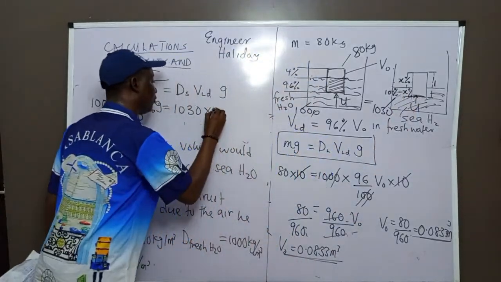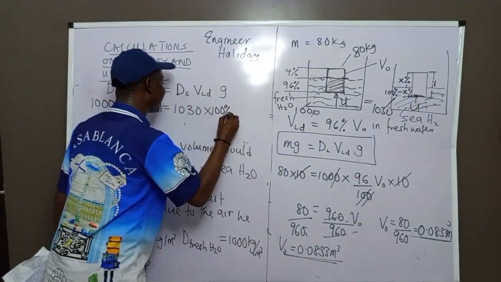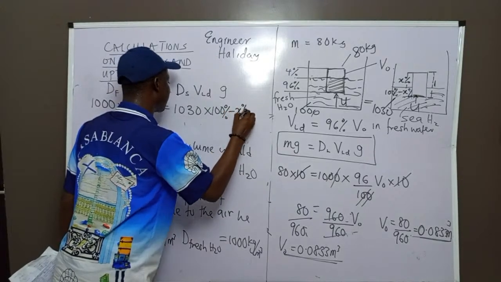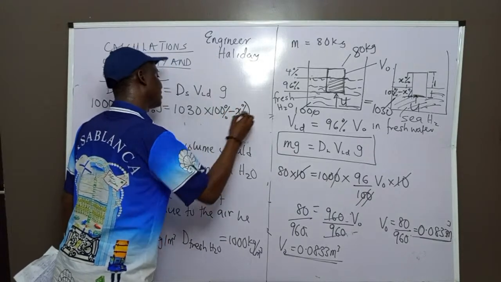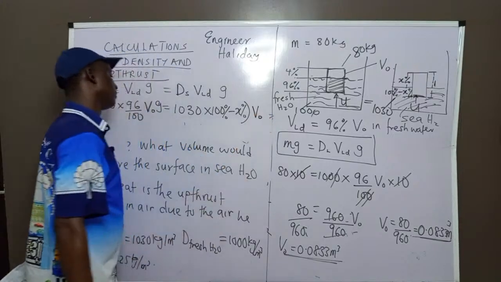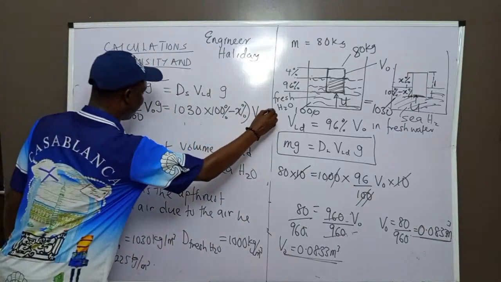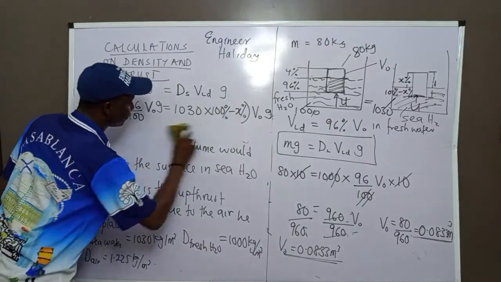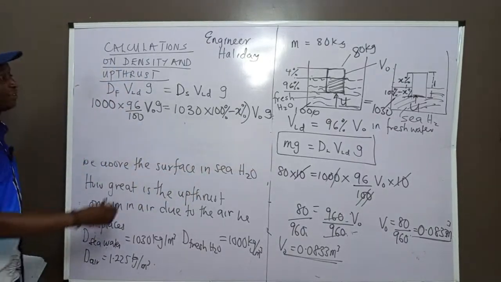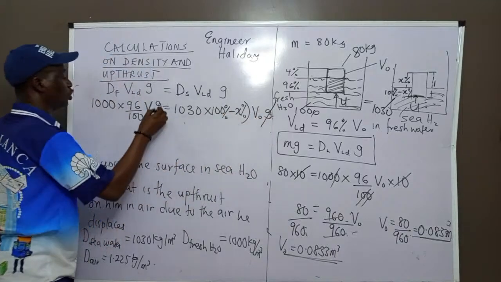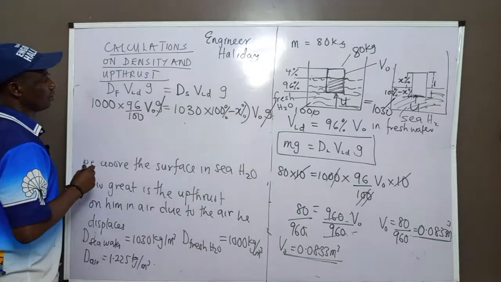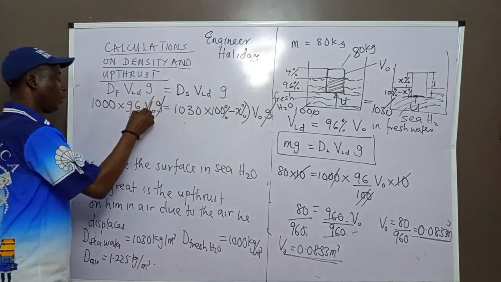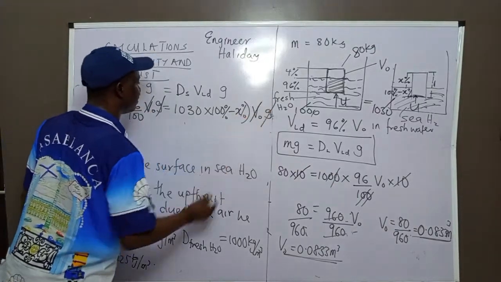So I would have 100% minus S percent times the volume of the object times gravity. If you do that, we cancel G, and the volume of the object cancels the other.